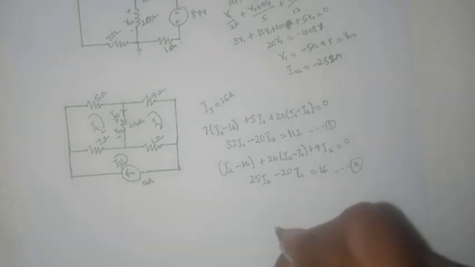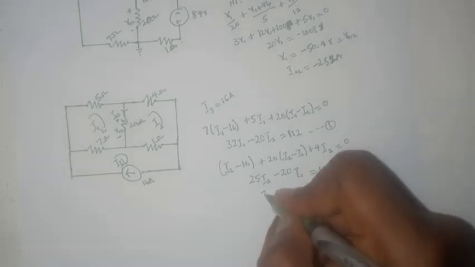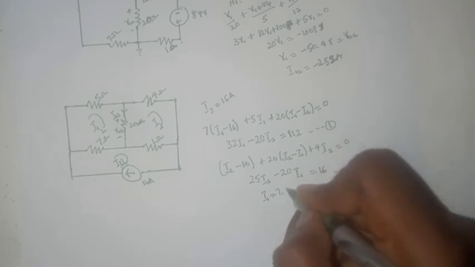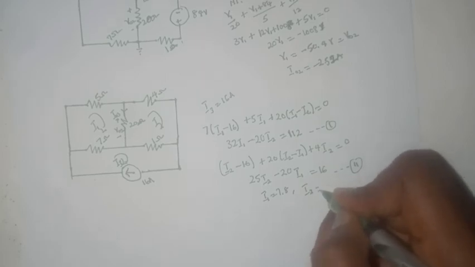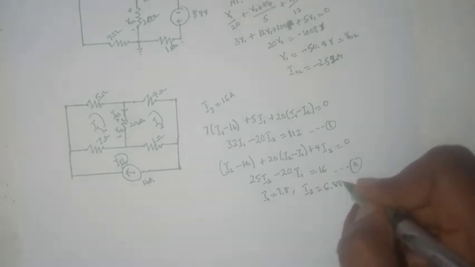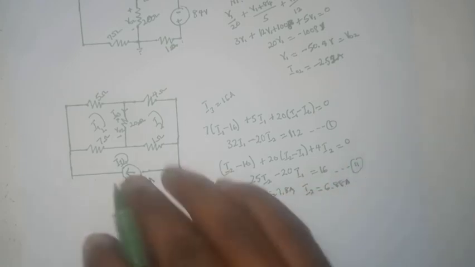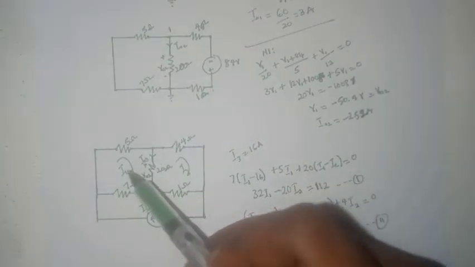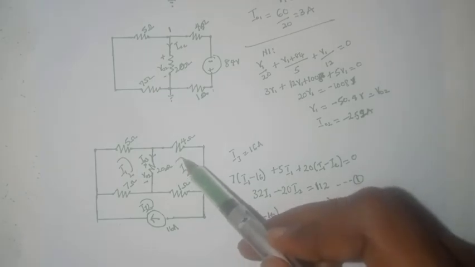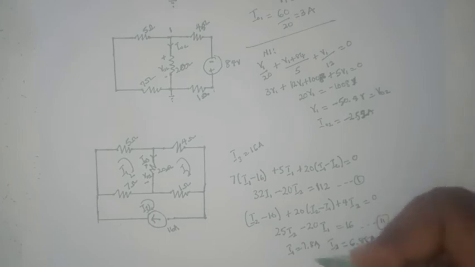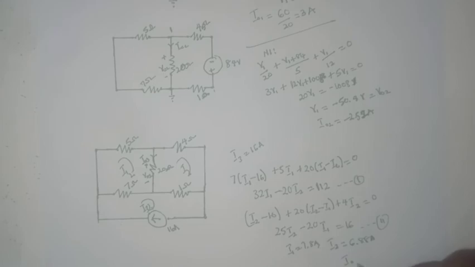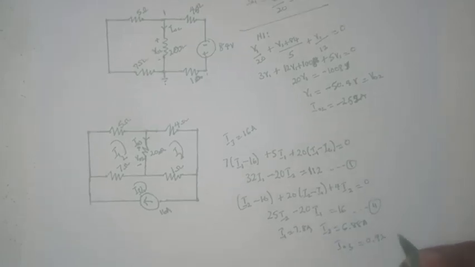Then we have two equations which we can solve simultaneously. From there, we find that I1 is equal to 7.8 amperes and I2 is equal to 6.88 amperes. We expect I03 to be I1 minus I2, so 7.8 minus 6.88, and I03 is equal to 0.92 amperes.